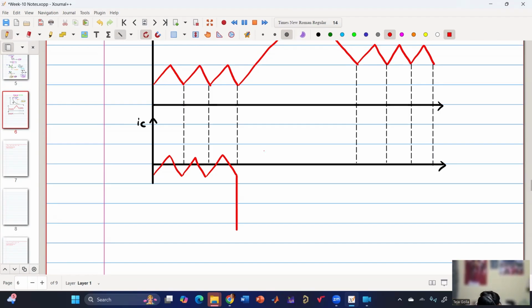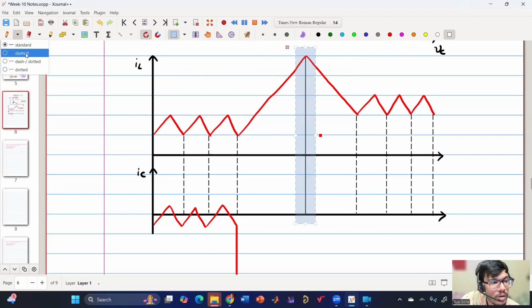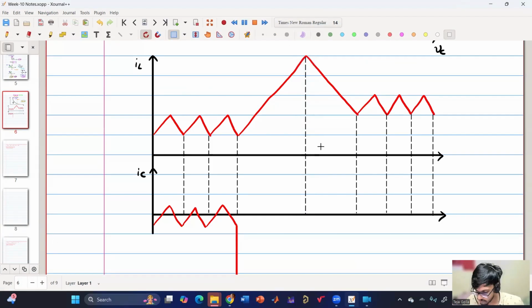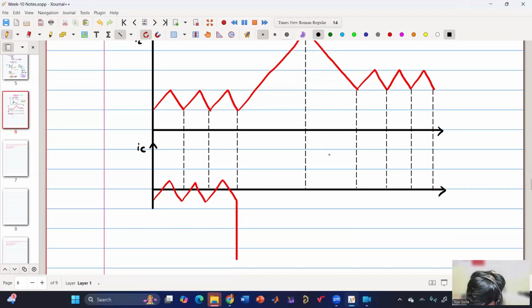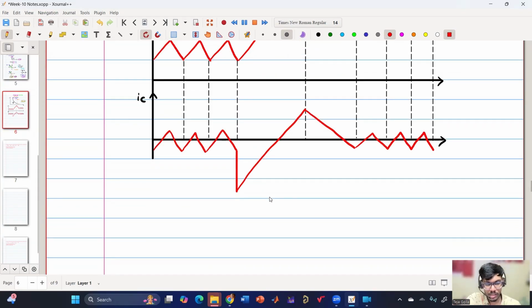Capacitor will supply the current. So this is my capacitor current. Is that clear? Because this is my delta I naught.